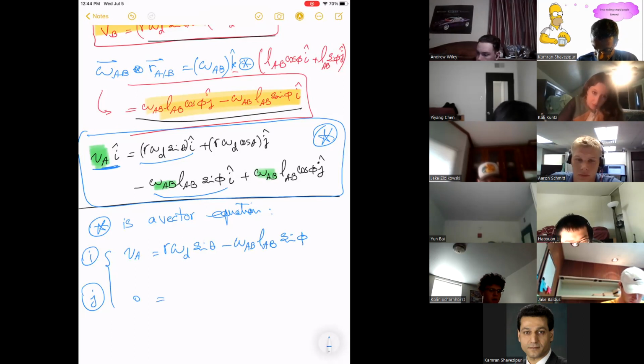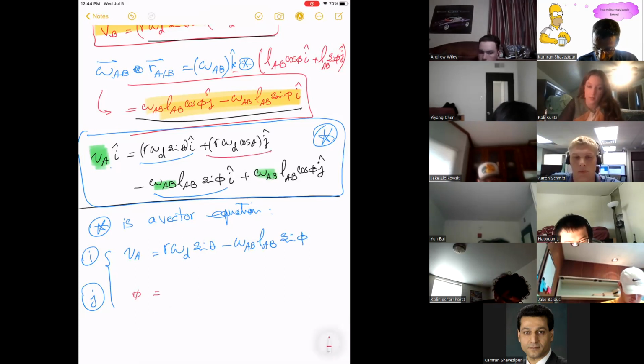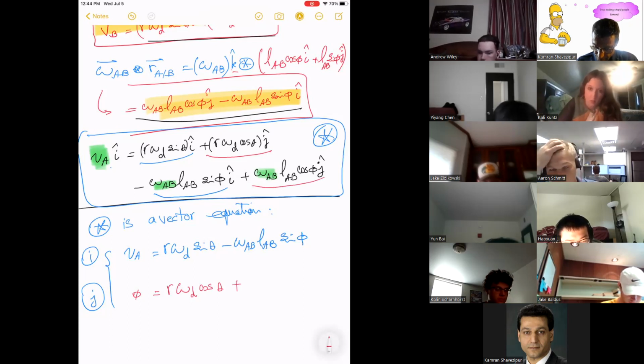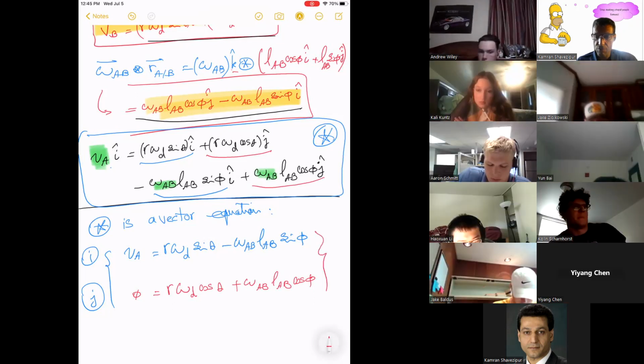On the right-hand side, so 0 equals, this is J component, and this is J component. Right? Now we have two equations and two unknowns to solve.